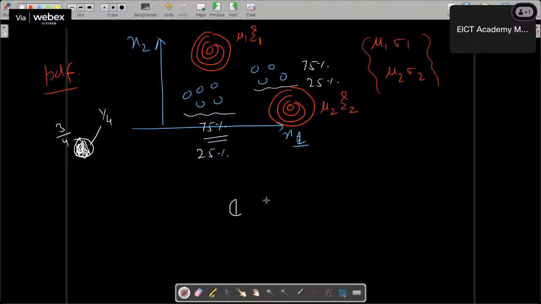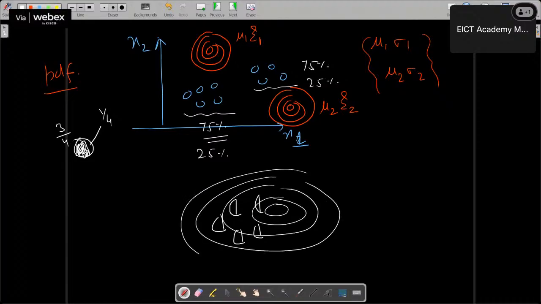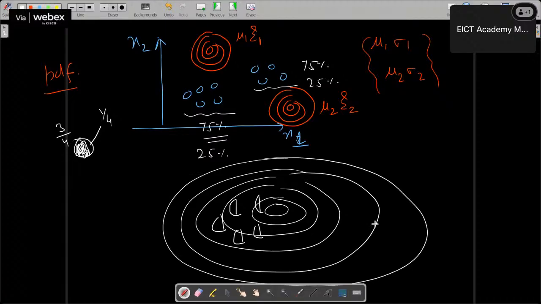Okay, so now this left side data points will be like this one, this one, this one, and this one. Okay, and the distribution will be like this. Okay, and here the right side points will be like this.